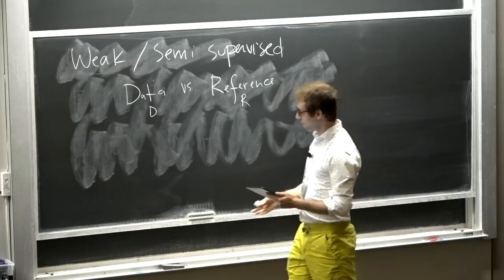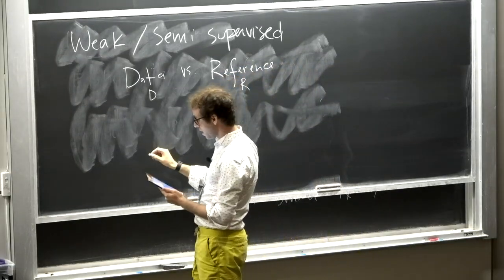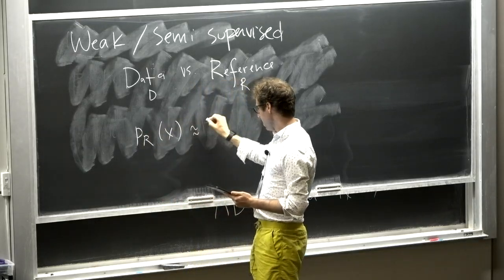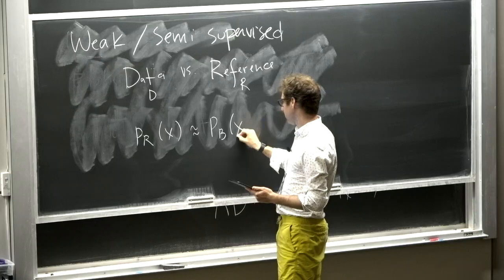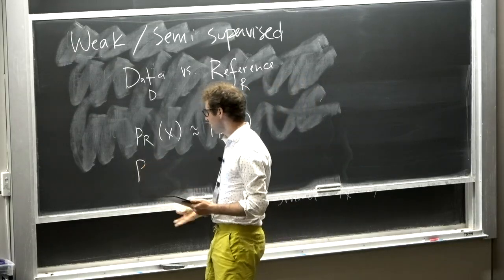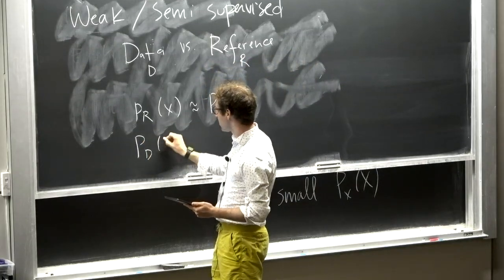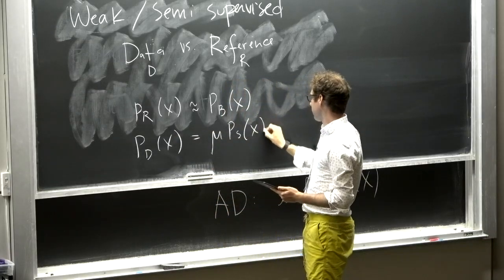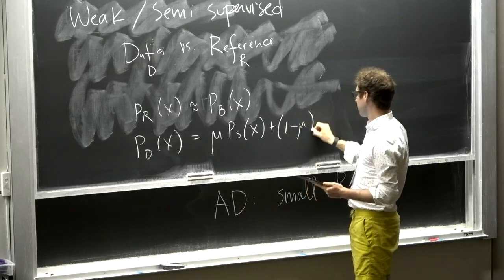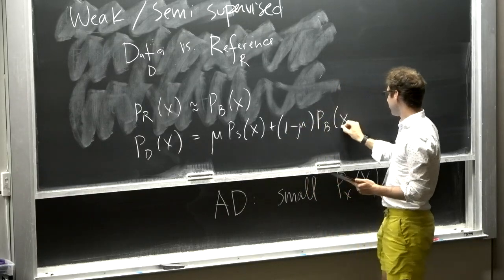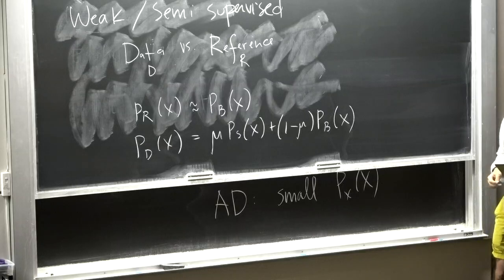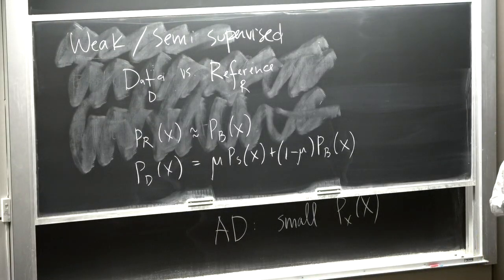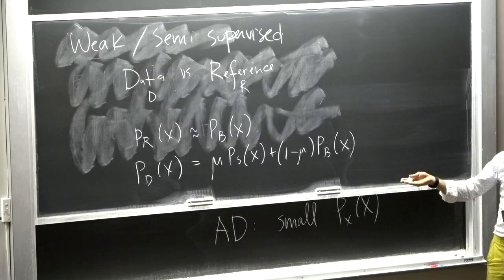Suppose the probability density of the reference is the probability density of the background, and the probability density of the data is some mixture. If I train a classifier to distinguish the data from the reference, it's going to learn the likelihood ratio of P of data over P of reference.